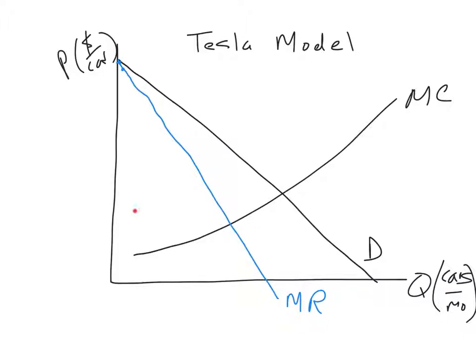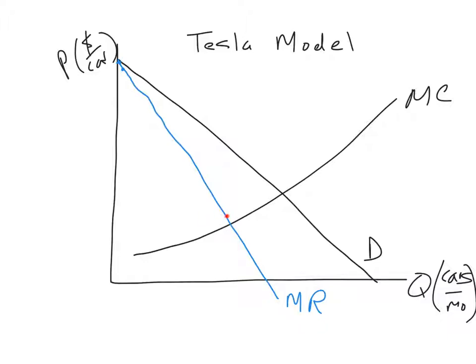Well, then it's the logic of economics. I will do one more thing if the benefits of doing that thing are greater than the costs of doing that thing. Here the thing is produce one more car. If I'm going to get $20,000 for producing one more car and it costs me $5,000, well, I'm going to do that. If I'm going to get $10,000 for one new car and it costs me $8,000 to produce, I'm going to do that.